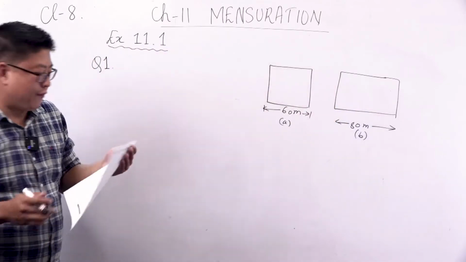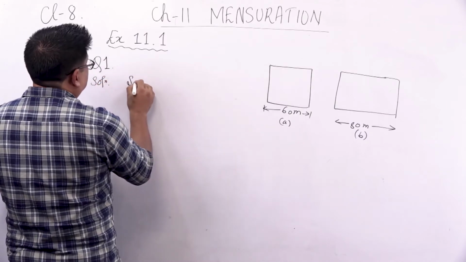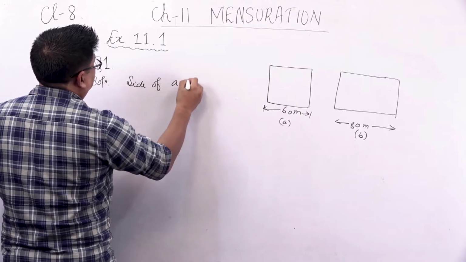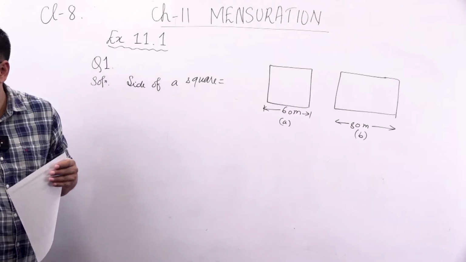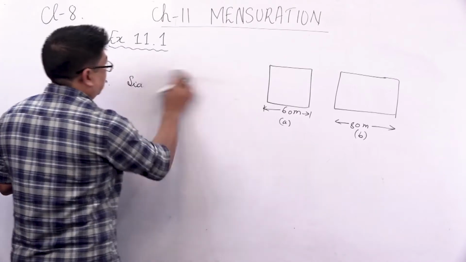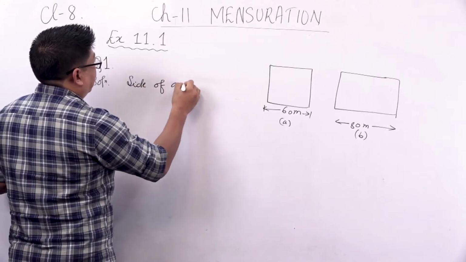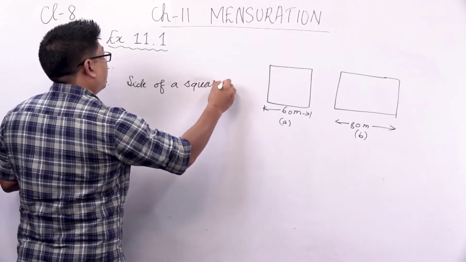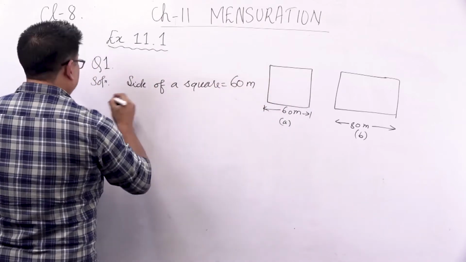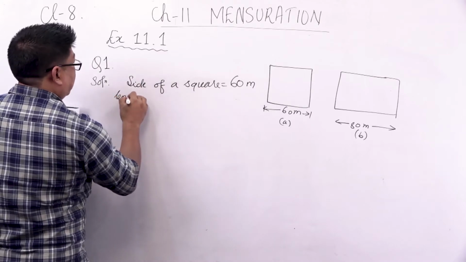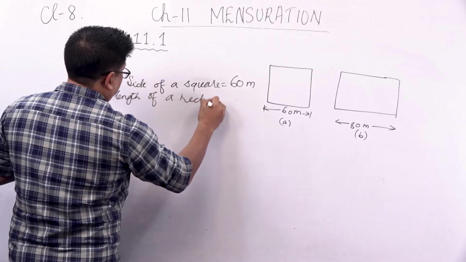Okay, so the first step is we will write down side of a square is equal to 60 meter, and length of a rectangle.